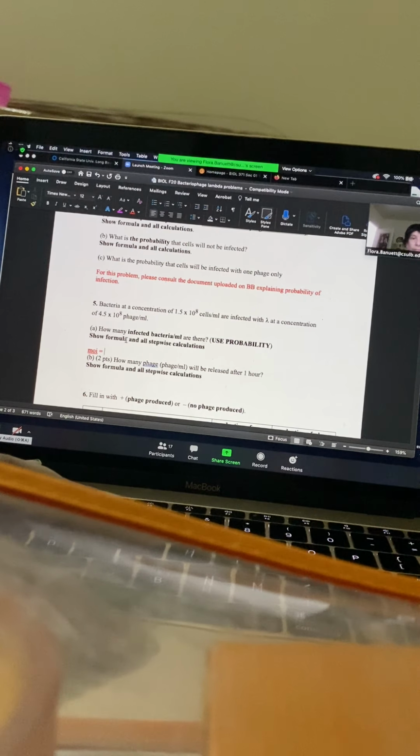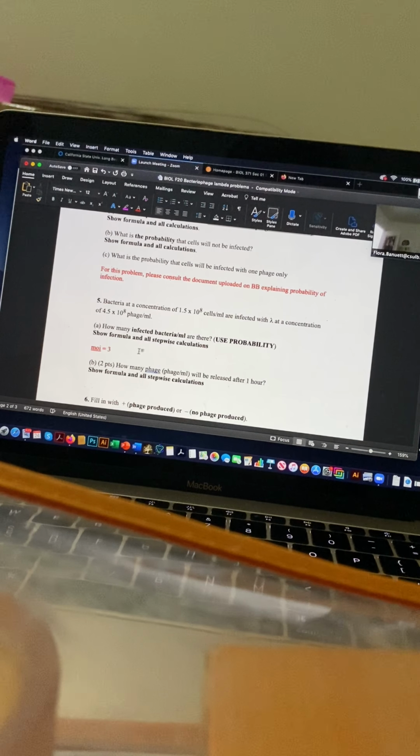So the infected bacteria would be... who has done this problem?